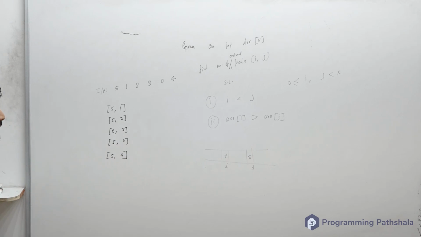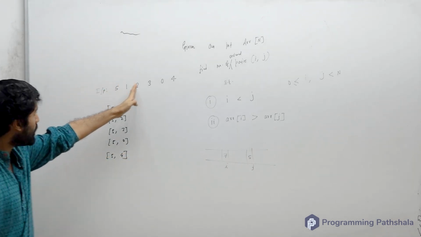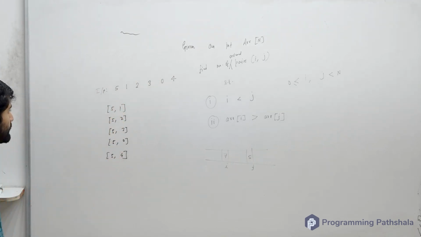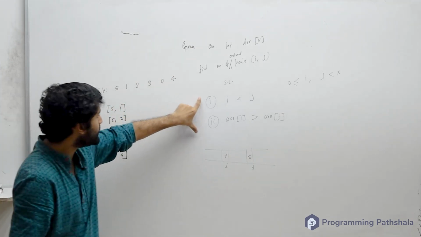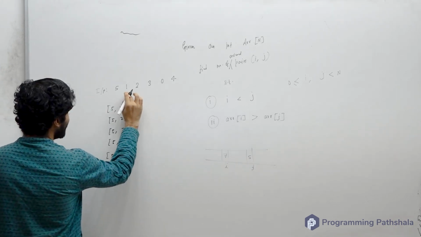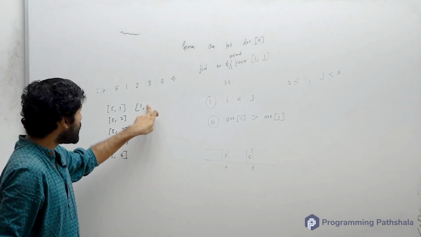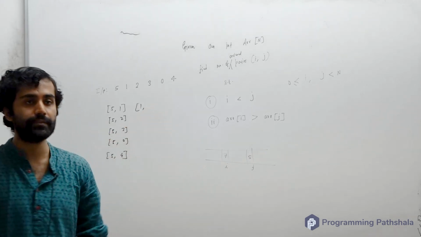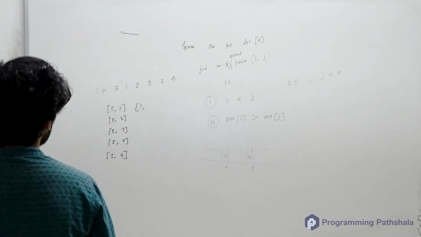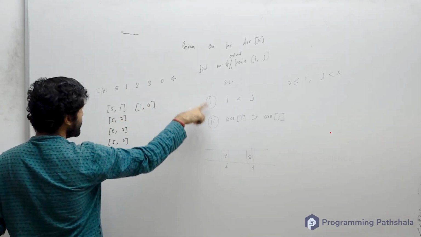Okay, so when I consider 5 as one of my elements, then all of them can be regarded as the second element of the pair, one by one, and all of them will be following these rules. Okay, cool. If I regard 1 as my first element, then how many options do I have for the second element? So I just have one option, and that is 0. So along with 1, if I consider this 0, then this rule will get obeyed.